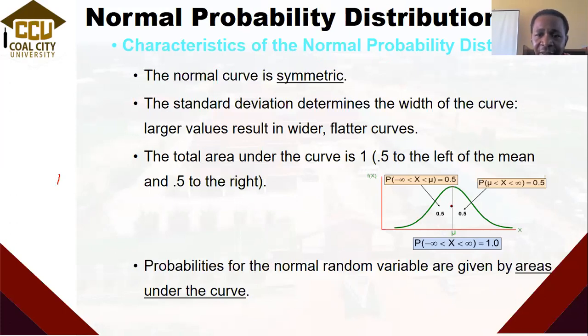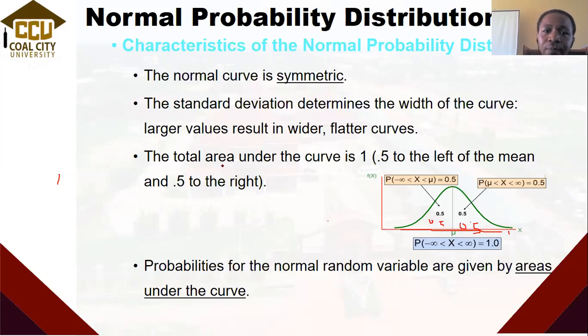When you divide it into two, to the right of the mean is 0.5 and to the left of the mean is also 0.5. When you add 0.5 plus 0.5, that gives you 1. So the total area under the normal distribution curve is 1.